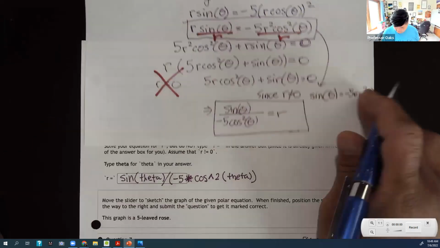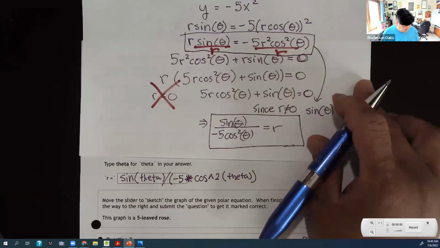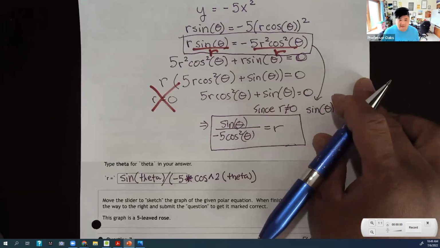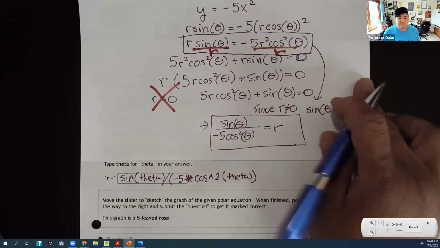You could simplify it if you want to, but it's not necessary. So, do you have any questions about that one?